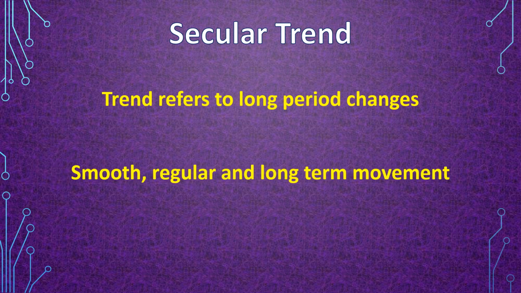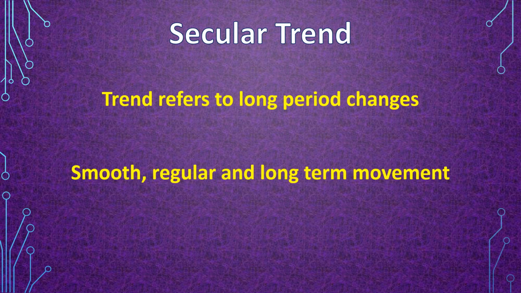It refers to the general tendency of statistical data to rise, to fall, or to remain the same. For example, in a series concerning population or national income, we can notice an upward tendency, whereas in data related to birth, death or illiteracy, we can notice a downward tendency. That is called a secular trend.